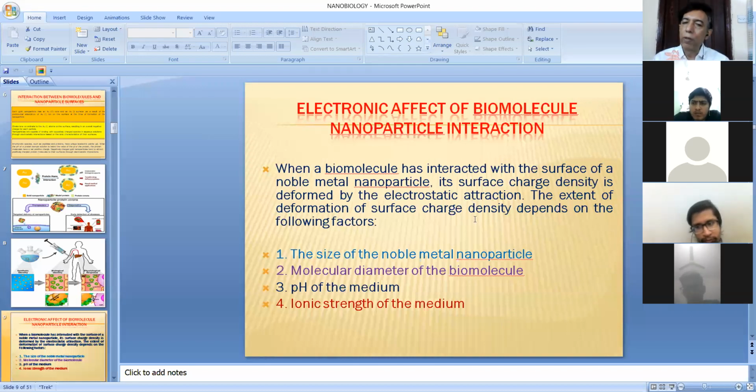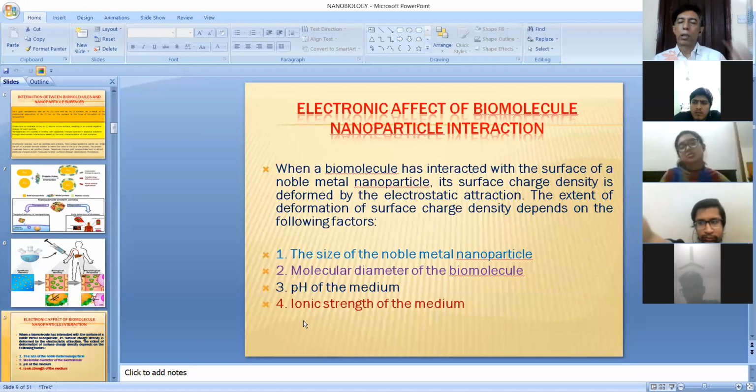The deformation of surface charge density depends on the following factors. What are they? The size of the noble nanoparticle, either it is a 100 nanometer noble nanoparticle or 10 nanometer, or it is a 15 nanometer nanoparticle.